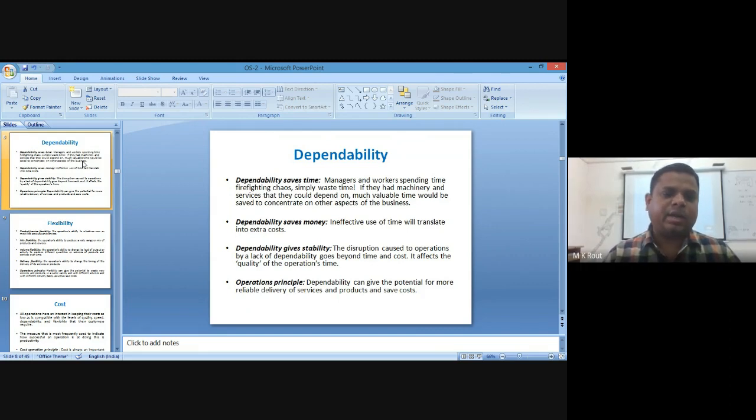The next part is dependability saves money. Ineffective use of time: suppose you have assigned 4 to 5 workers to a particular workstation. As you know, in the Indian scenario, whenever you assign 4 to 5 people for work, whether civil, mechanical, or electrical fixing work, they first remove their clothes, then wear the safety belt, then go nearby, take puja, and so on.